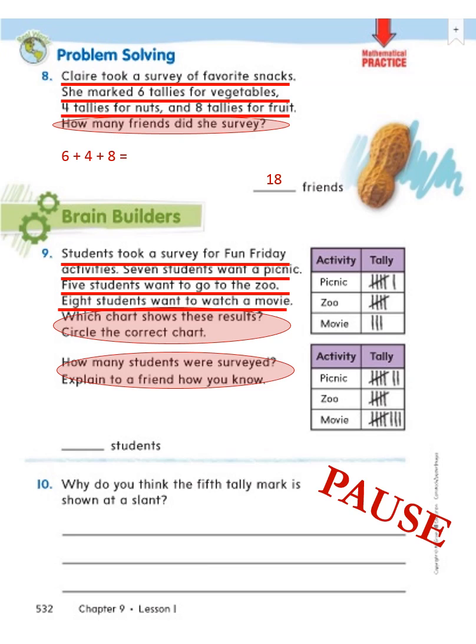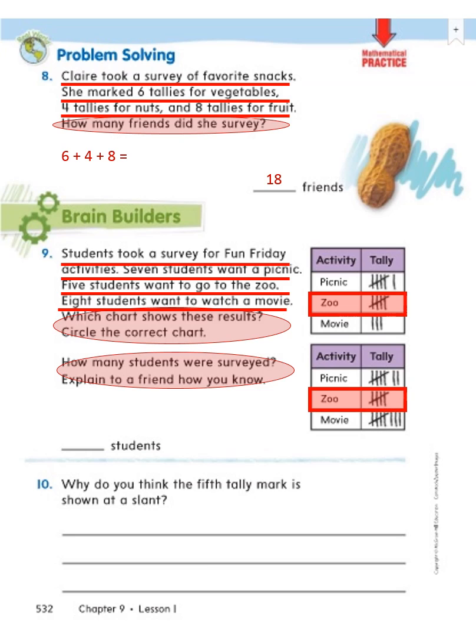Okay, so let's see. Now this is tricky because they've taken out the numbers. They're using the words for 7, 5, and 8. 5 students want to go to the zoo. Well, that one has 5. Oh, but wait a minute. So does that one.